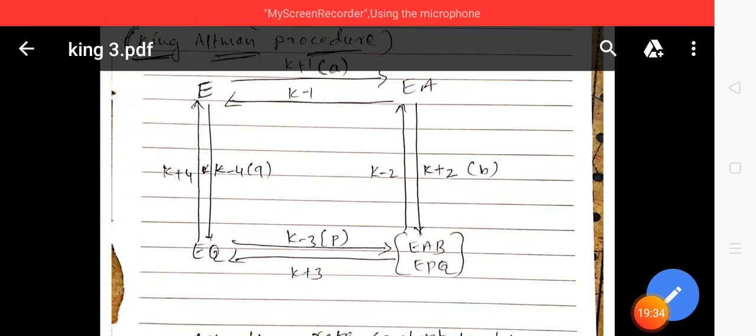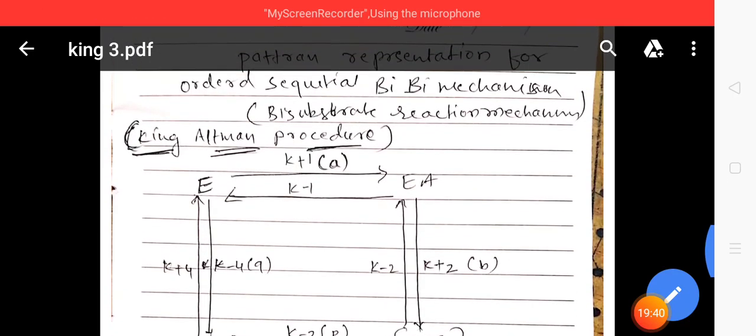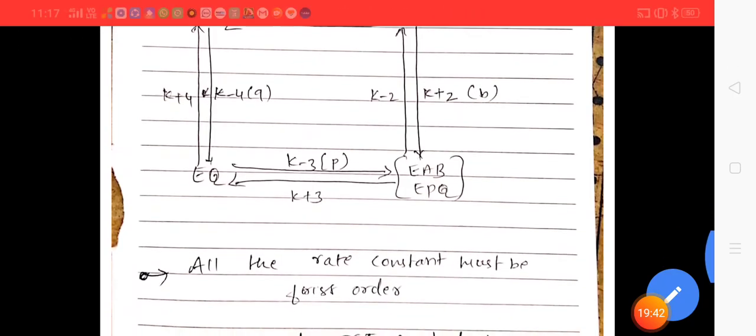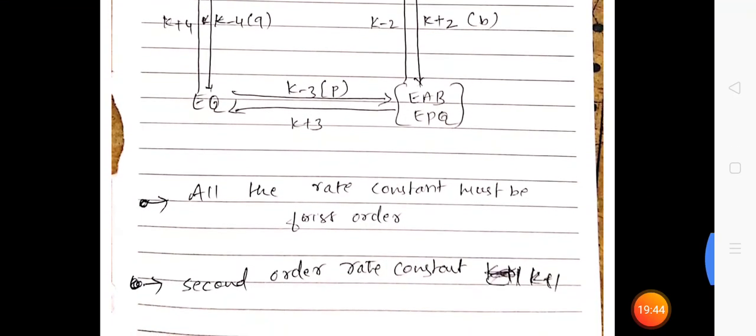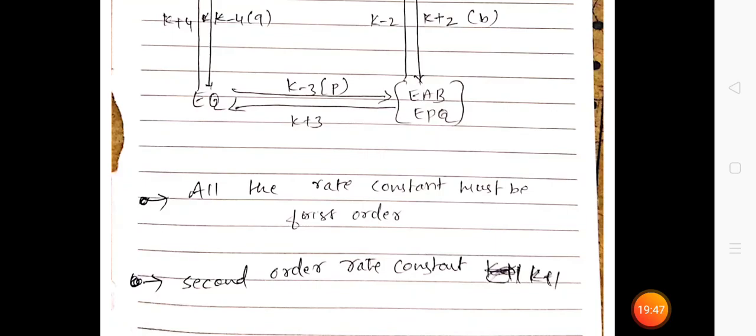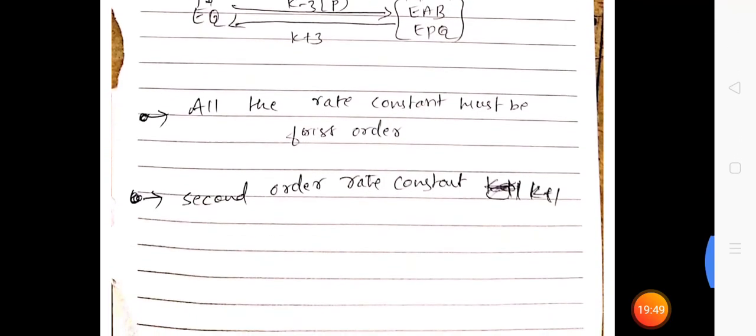So you see the different forms of the enzyme in this figure. This is the reaction mechanism for the ordered sequential reaction mechanism, and all the rate constants must be first order, and second order for K plus 1.